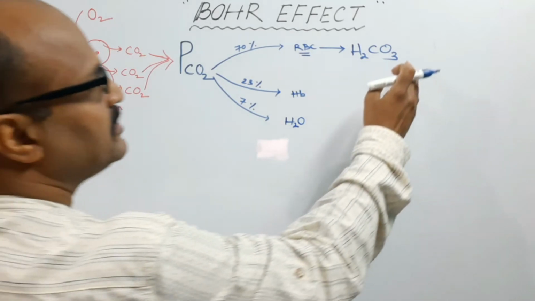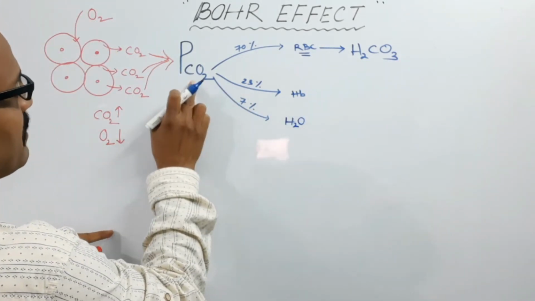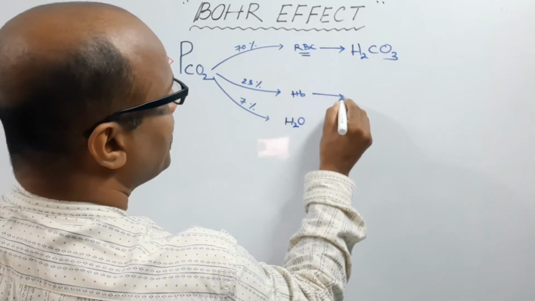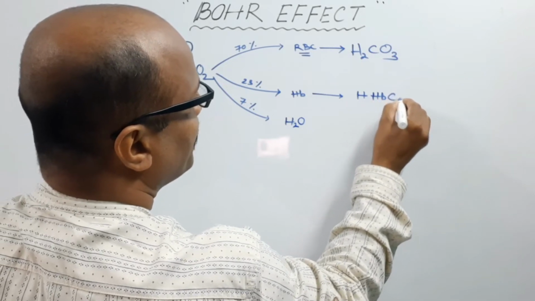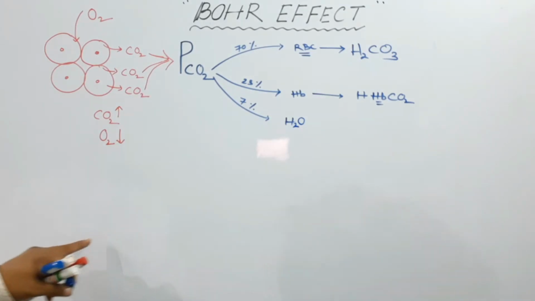Okay, and chloride shift is occurring here. 23% of carbon dioxide combines with hemoglobin and forms carbaminohemoglobin. Suppose this is hemoglobin, carbaminohemoglobin.